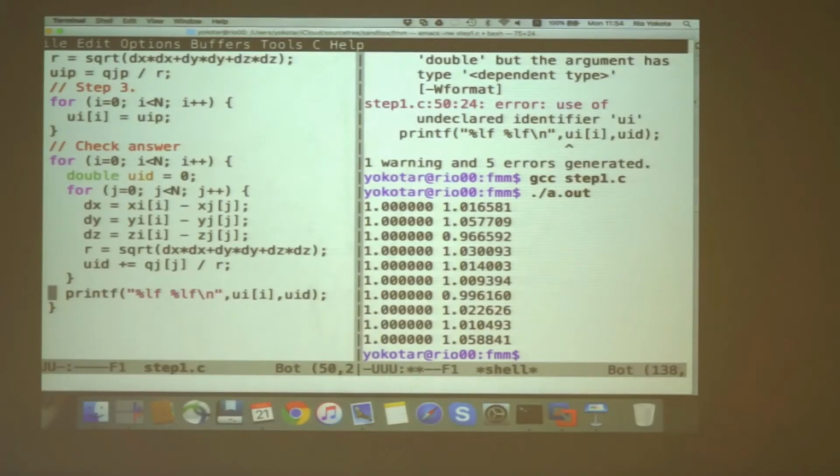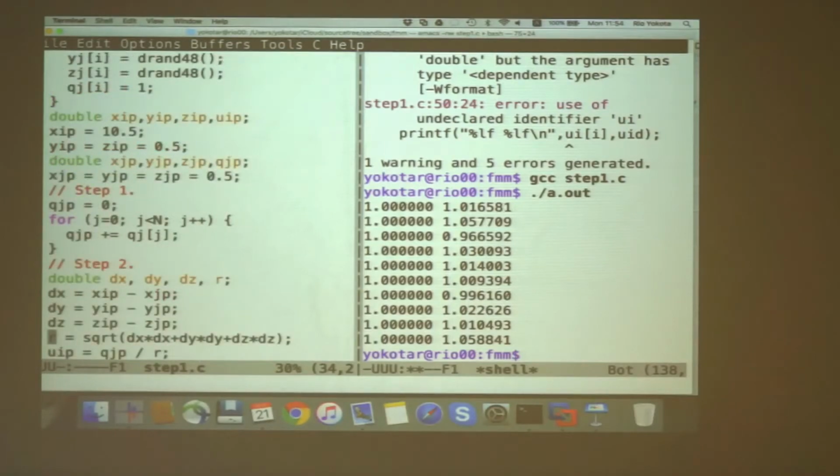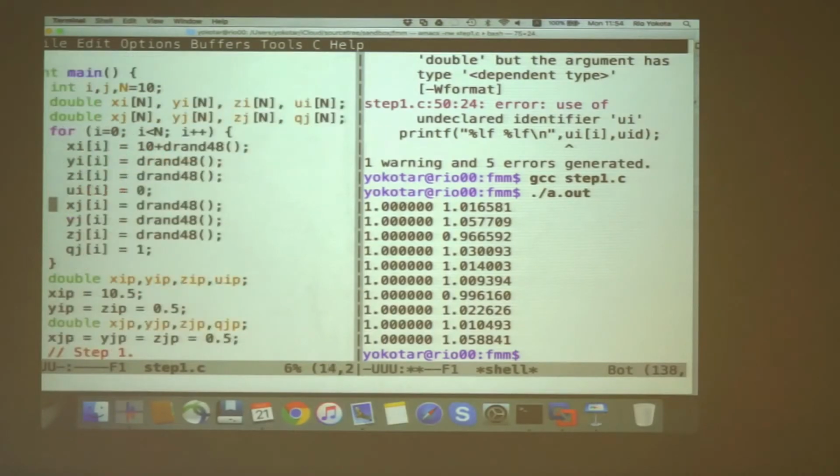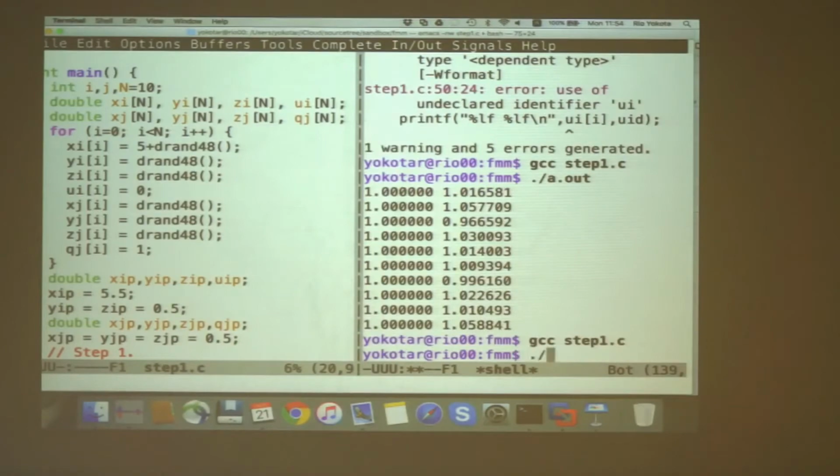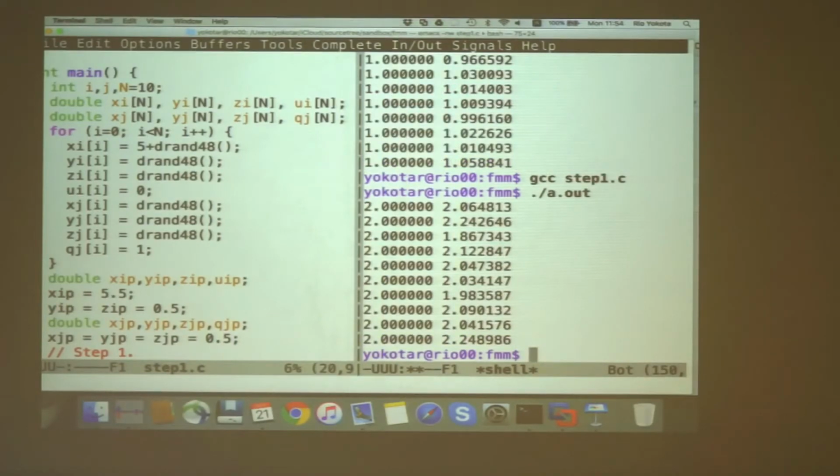Let's see. This number I will change to maybe 5. I also need to change here to 5. Okay, they're still quite similar. So maybe I can do more.